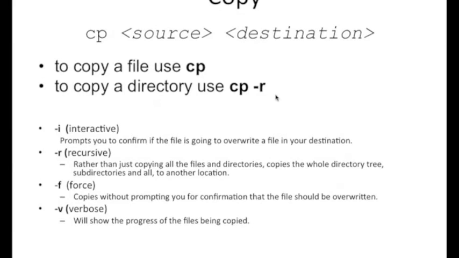The reason is that in your directory might be another directory, and that directory might contain another directory, right? So you want to go all the way. You want to copy all the directories and subdirectories located in the directory which you're copying.